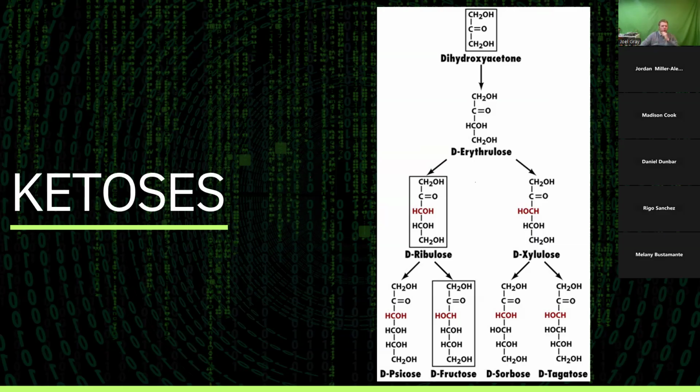Add a Y or an N into the chat. No, it shouldn't, because this is not a D or L sugar. There's not a chiral carbon on here where you can position the OH on the right or the left-hand side. There's not that OH group that you can move. So this is not D-dihydroxyacetone or L-dihydroxyacetone.